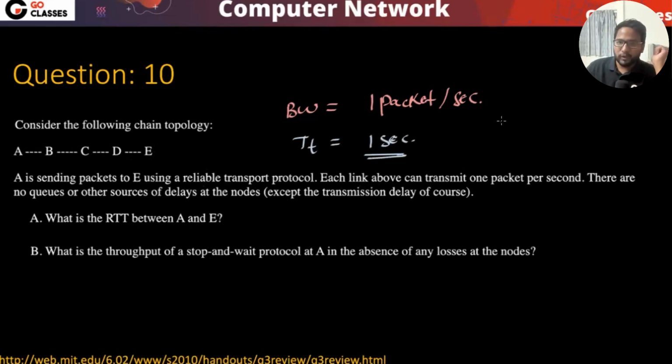The length is one packet, upon the bandwidth, which is also one packet per second. If you divide the length by the bandwidth, the transmission time comes out to be 1 second. There is no other source of delay, so currently consider that propagation delay is also zero, negligible. So what is the RTT?